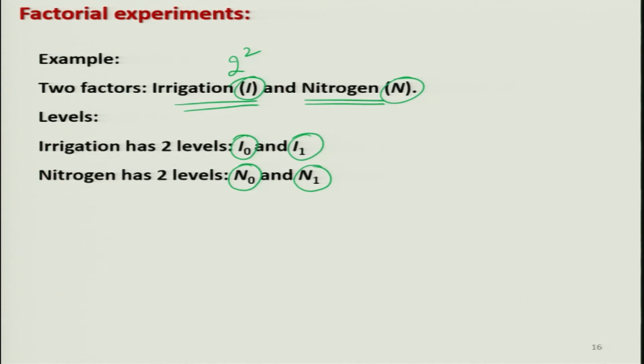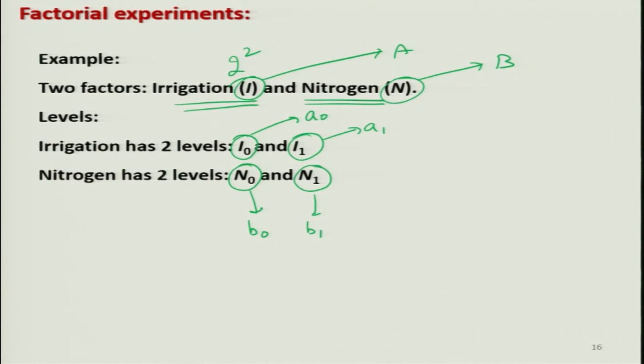So, you can understand that this I is something like factor A, and N is something like factor B, and I0 is something like A0, and I1 is something like A1, and N0 is something like B0, and N1 is something like B1, right.